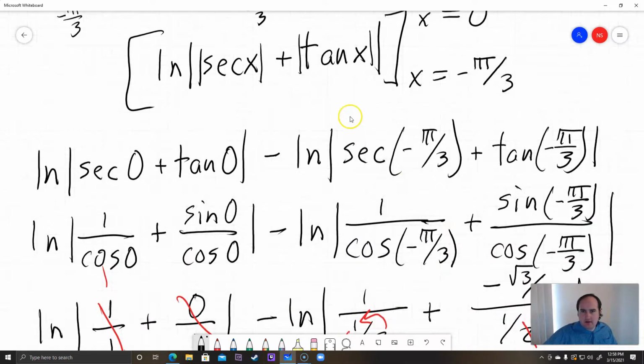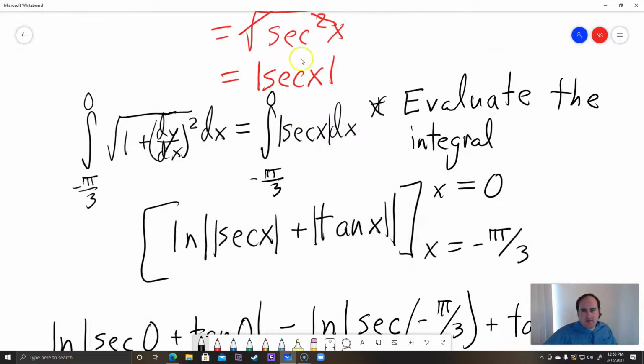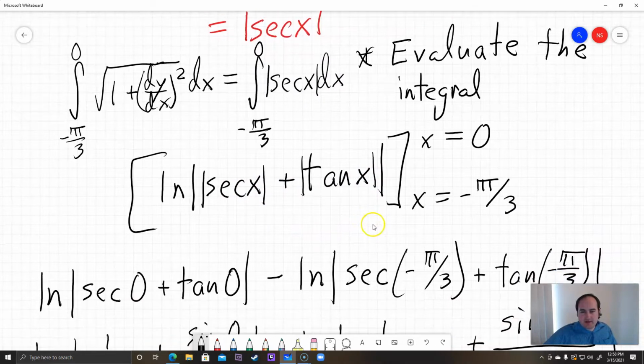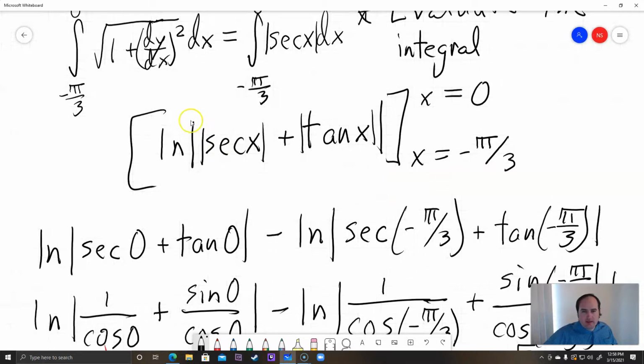I made a mistake. And I believe my mistake was not including the absolute value. So since we're integrating absolute value of secant of x, we're going to put absolute value around secant of x and also absolute value around tangent of x, even though there was already this inside absolute value. And I believe that's going to work.